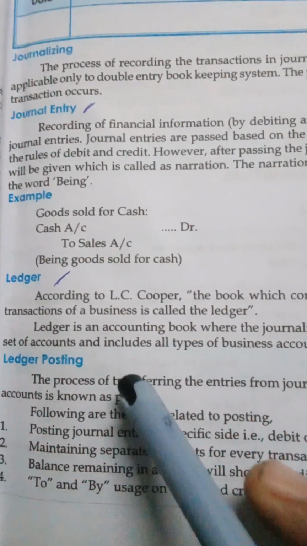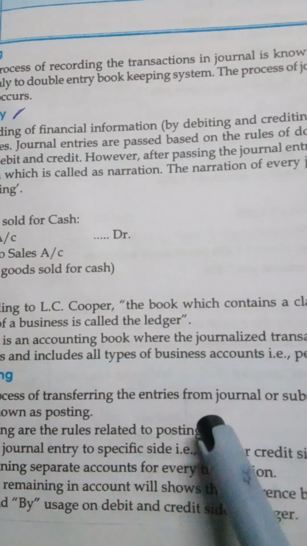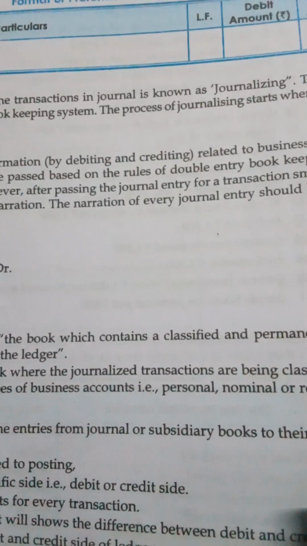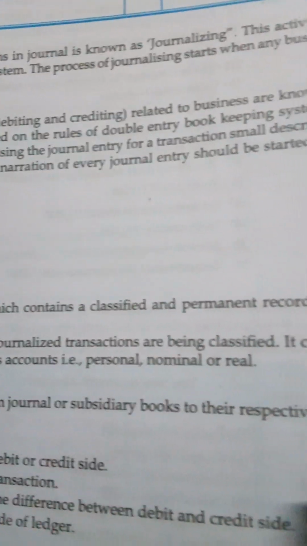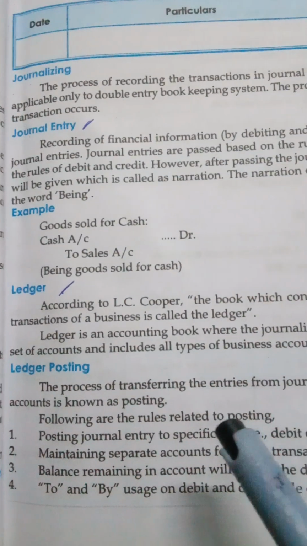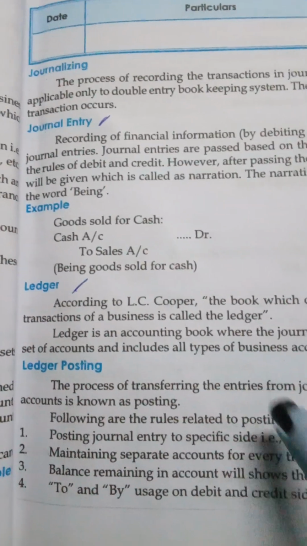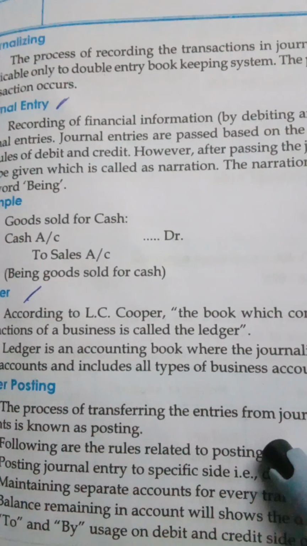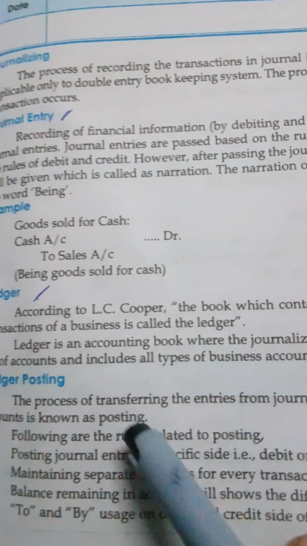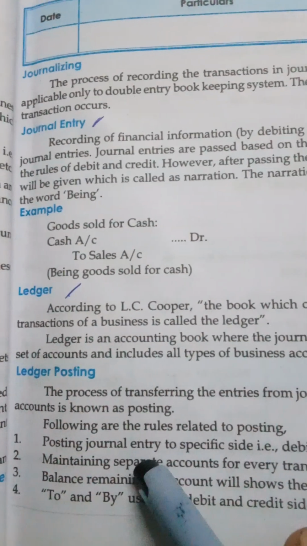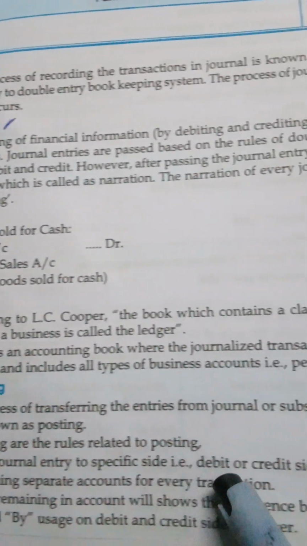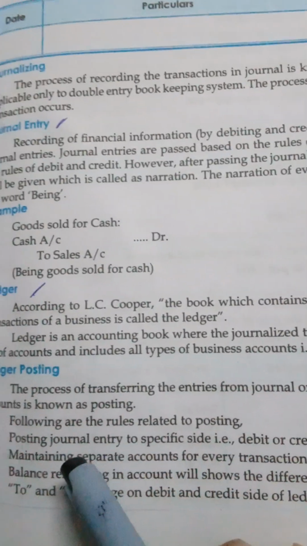Ledger posting. The process of transferring the entries from the journal or subsidiary books to their respective ledger accounts is known as posting. Following are the rules related to posting. Number one, posting the journal entry to the specific side, that is, debit or credit side.